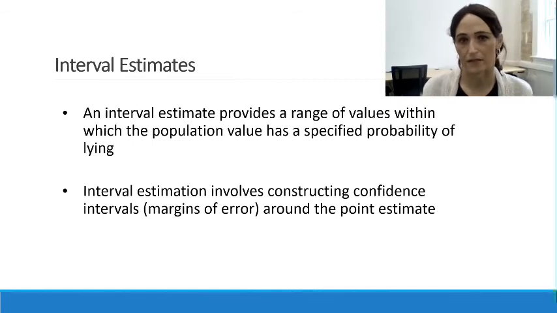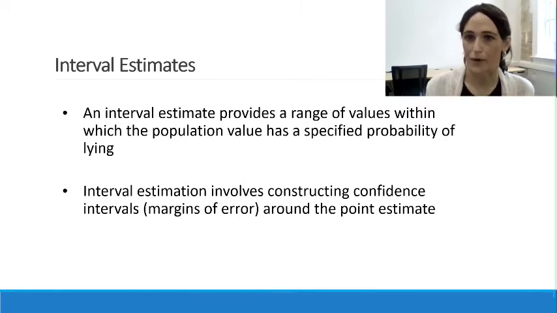Interval estimates are those that provide a range of values within which the population value has a specific probability of falling. Okay, we want to make it clear that when we come up with a point estimate, there's going to be some boundaries or a margin of error around that we can calculate. Right? And though we may have made a mistake and we may be off, we know we can calculate to what degree we would likely be off.